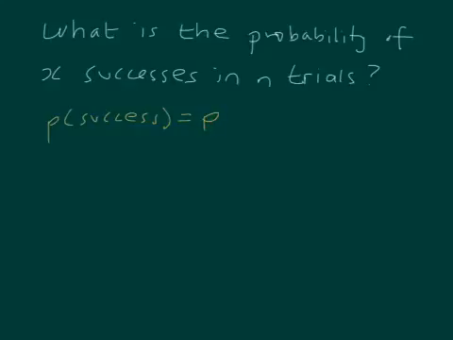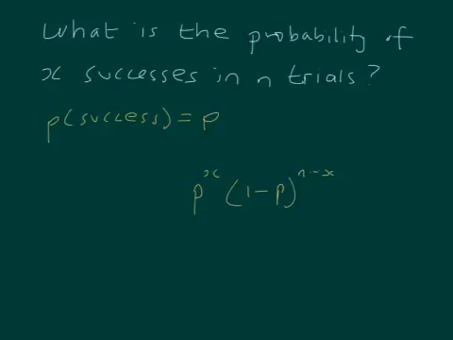So the probability is p to the power x. So that's the probability of winning x times. But if we're winning x times, then we must be losing n minus x times. And the probability of losing is 1 minus p. So it's n minus x.